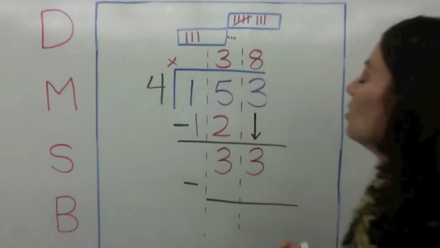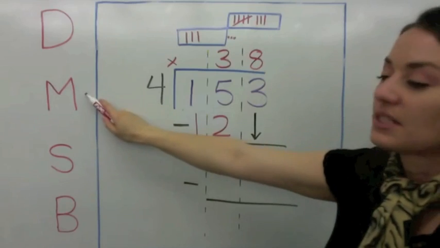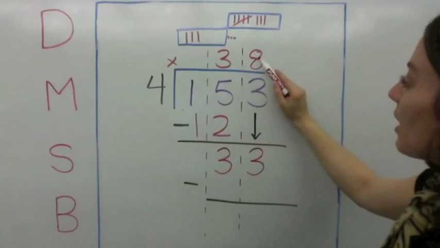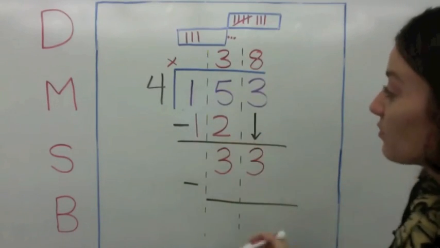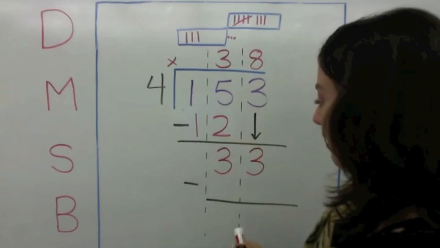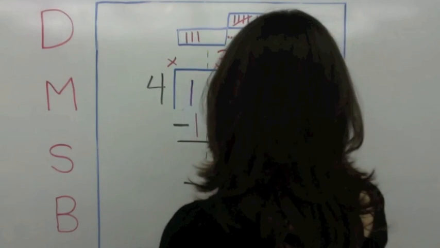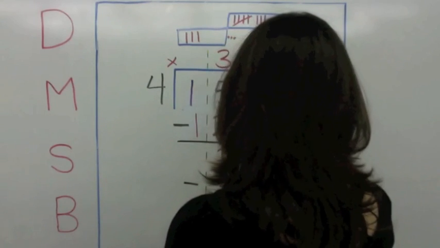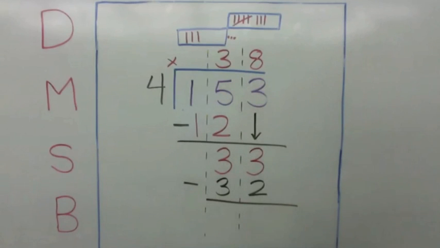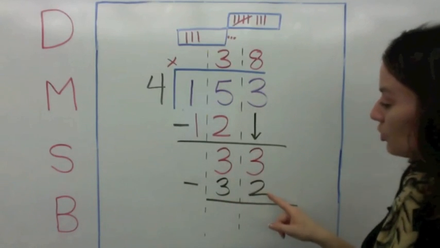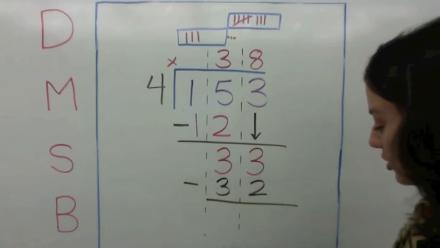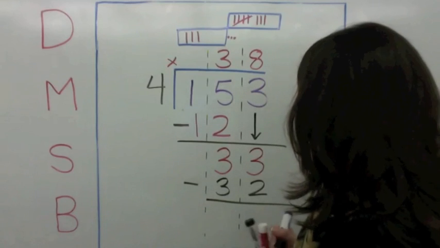All right. So now we have this step, which is to multiply. So we're going to multiply 8 times 4. 8 times 4, we already skip counted, is what number, my friends? It's 32. All right. So 3 minus 2. That's what we're going to work with. 3 take away 2 is 1. What's your remainder? 1.